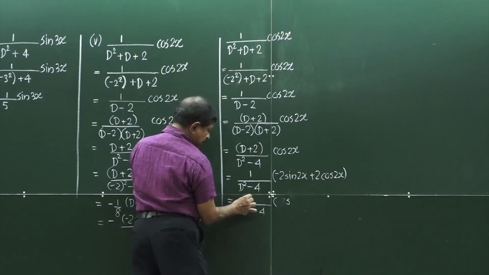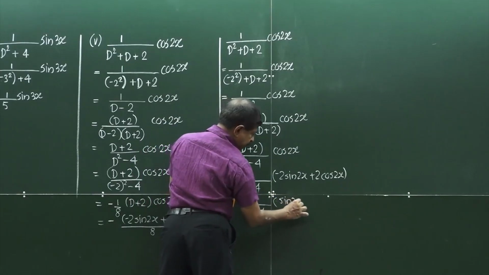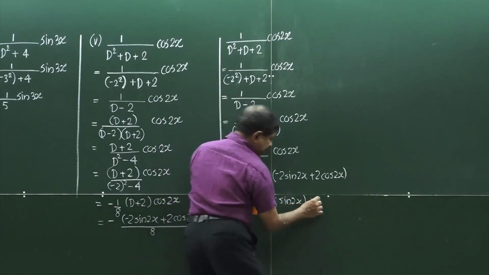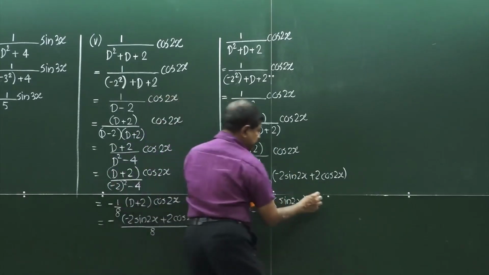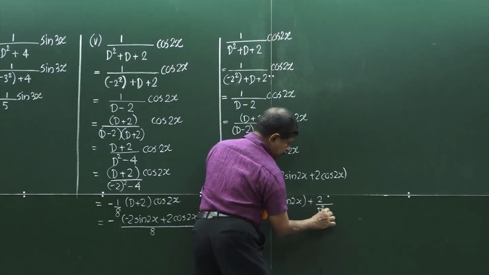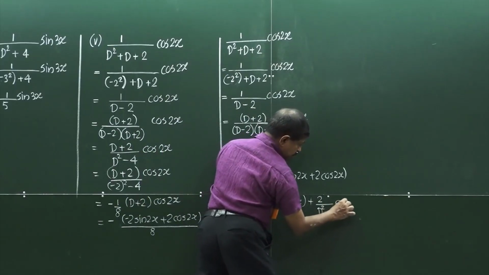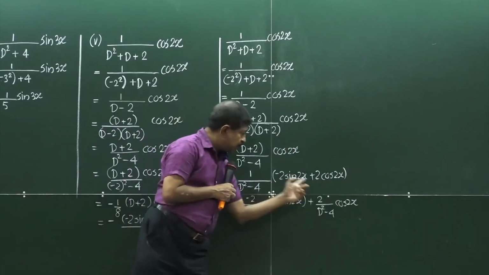You have sine 2x. Plus, when you multiply these two, you get 2 upstairs. Now you apply this rule twice for sine 2x.